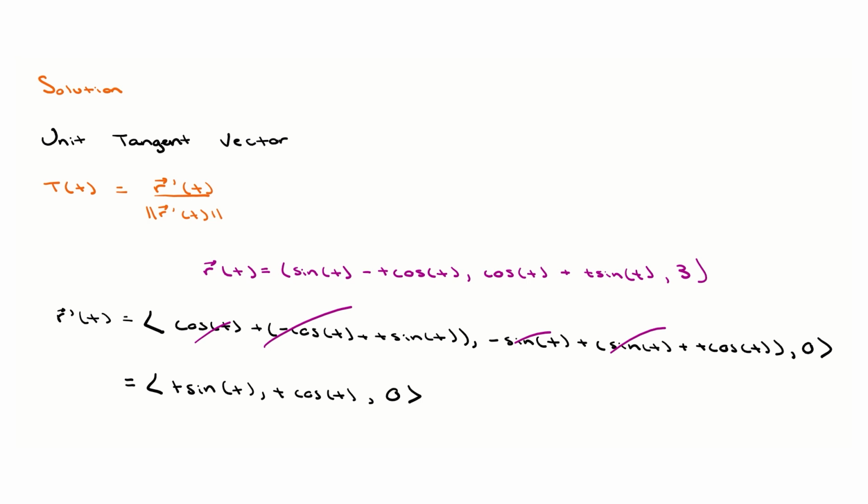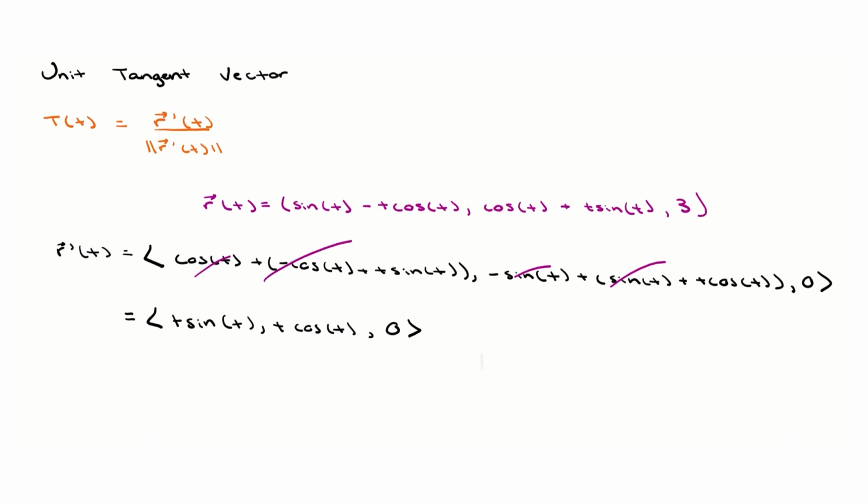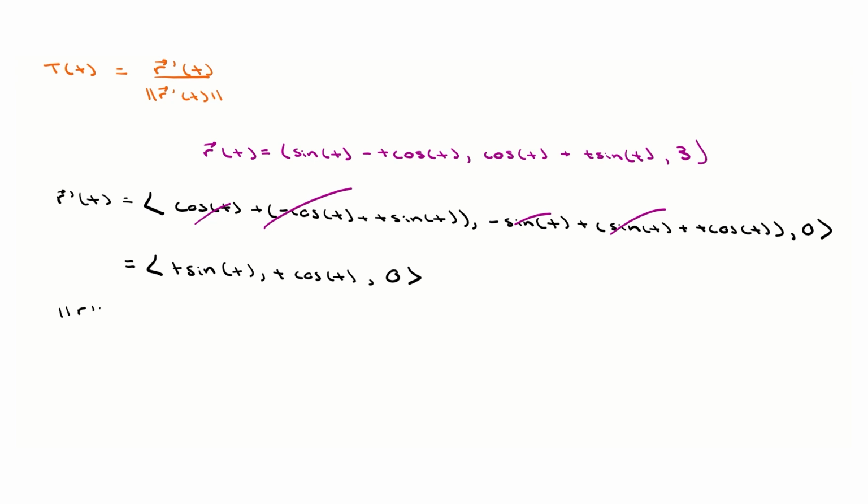That is the magnitude of the derivative of our curve. So the magnitude will give us t squared times sine squared of t plus t squared times cosine squared of t plus 0 squared, which of course we already know gives us 0, so I'll actually just take that out.